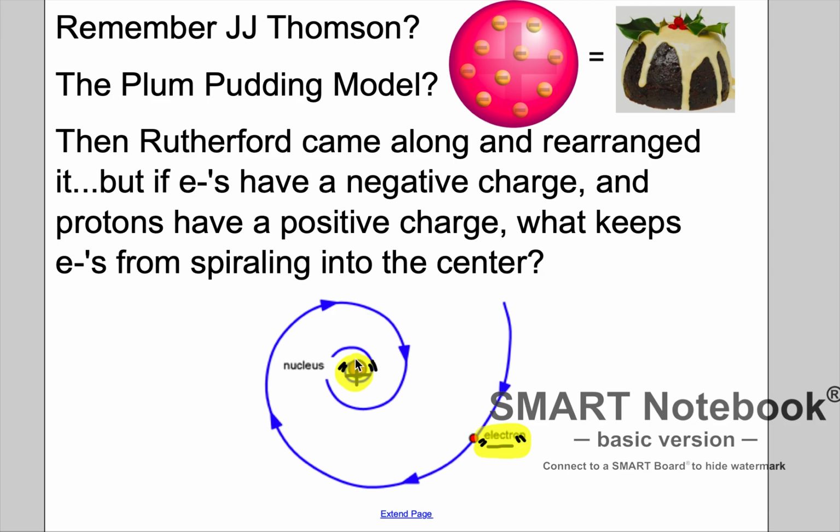But there was this idea of, wait a minute, if we have this positive nucleus in the center of our atom and the negative electrons on the outside, how come electrons don't spiral into the nucleus? Because opposites attract. This confused scientists. We don't see that happening, so what's keeping electrons out here and not crashing into the nucleus?